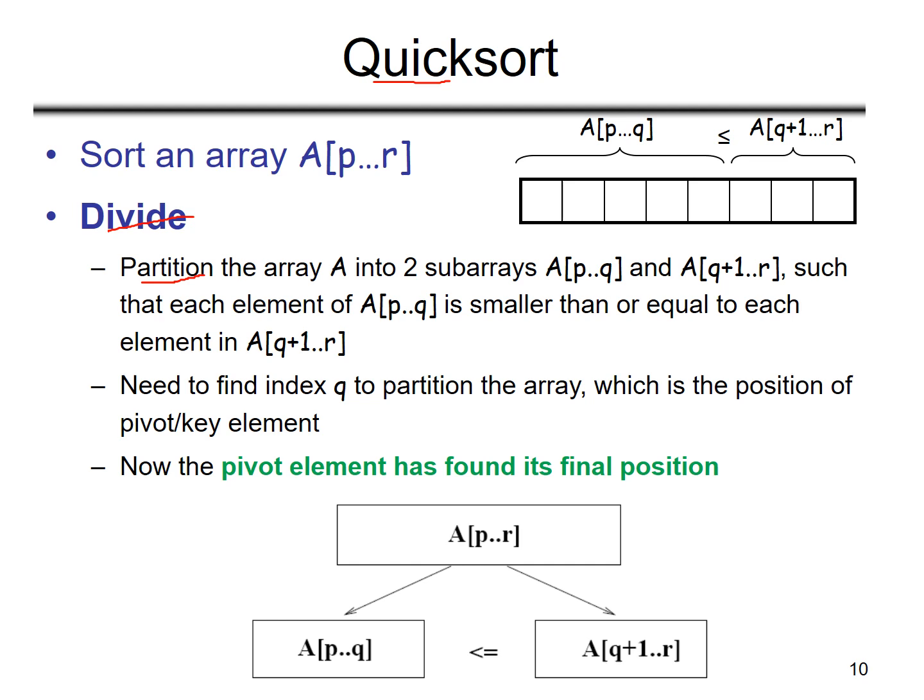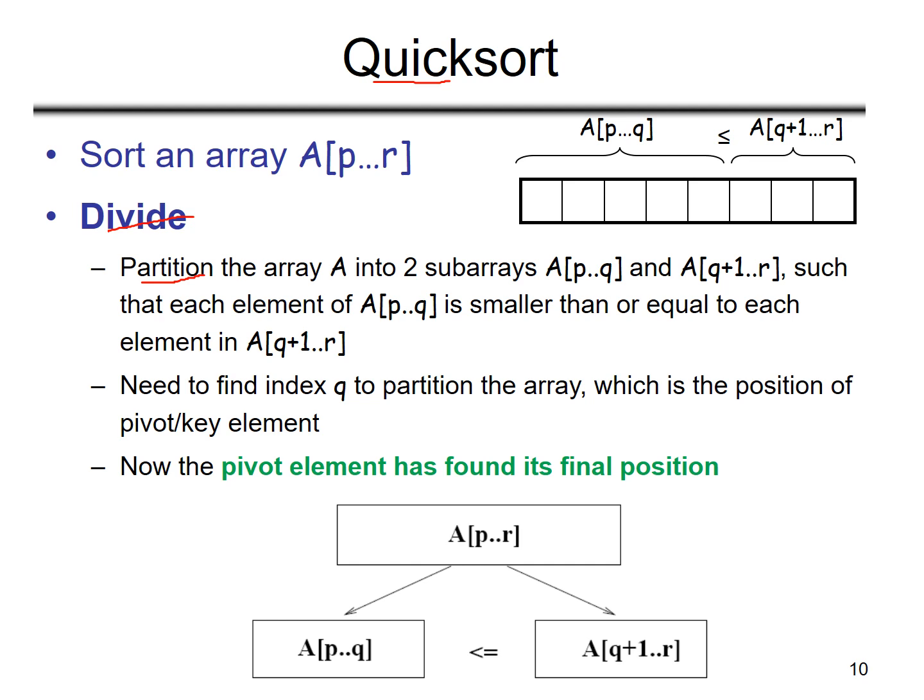Whenever I say partition, I should have some reference. Say in our class, I would want to partition into two groups, and I should have some parameter. I might use gender, so all girls go to one group and all boys to another group. Similarly, here I choose one element to serve as the parameter. All the numbers whose value is less than this, I'll put to the left side.